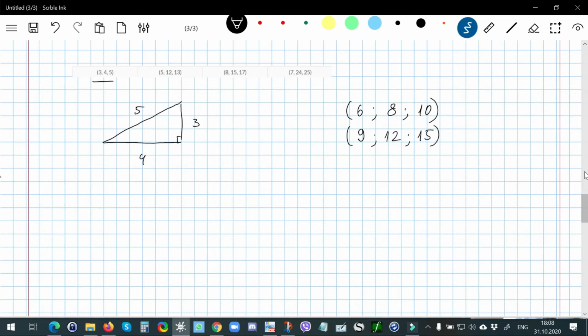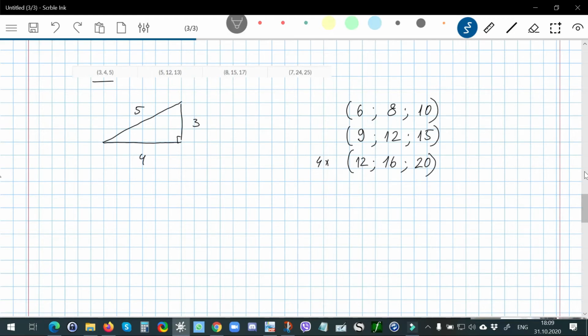We can also multiply by 4, and then we have 12, 16, and 20. That's it. So those are Pythagorean triples, and they're very useful in Olympiads, when you have to think fast.